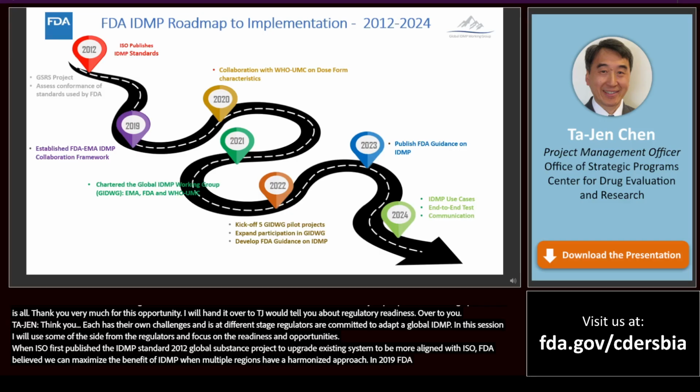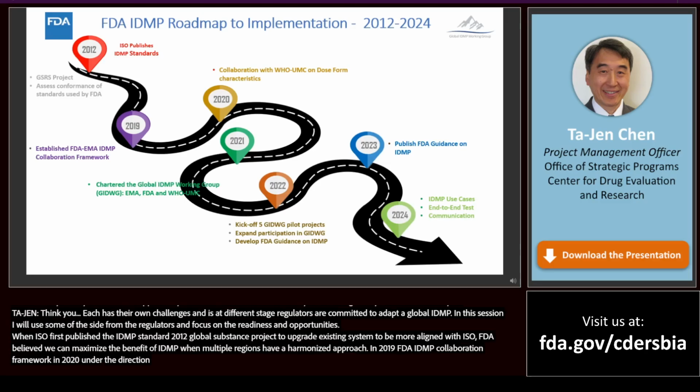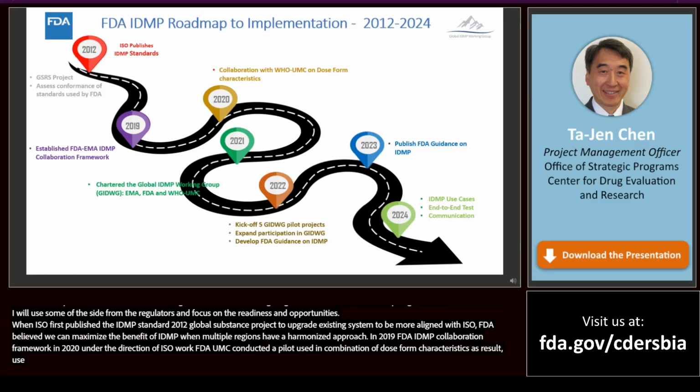In 2020, under the direction of ISO TC 215 Workgroup 6, FDA and UNC conducted a successful pilot using the combination of dose form characteristics as input to generate PhPID. As a result, use of dose form characteristics to generate PhPID is included in the revised ISO 11239 standard.